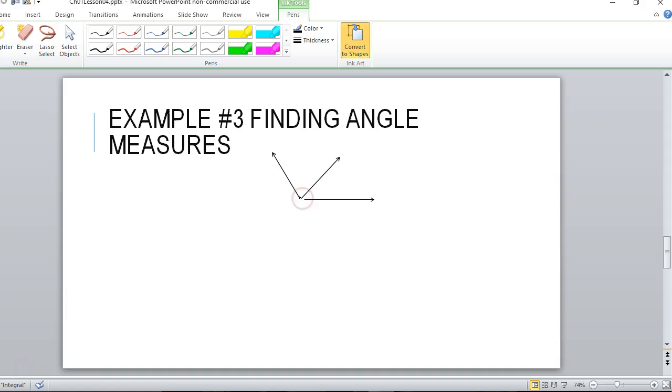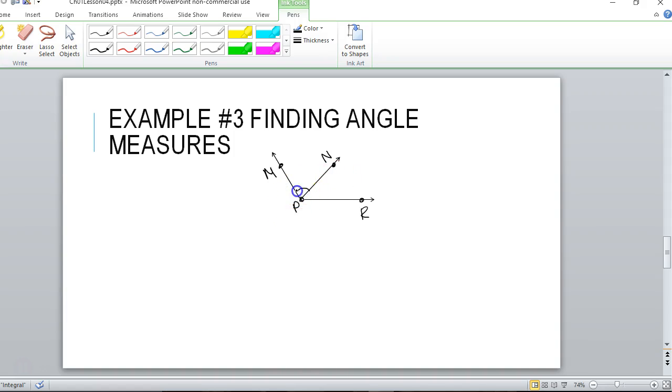We'll just put dots there. That'll close the gap, hopefully. All right. So let's go ahead and name this MP, and then ray PN, and then ray PR.